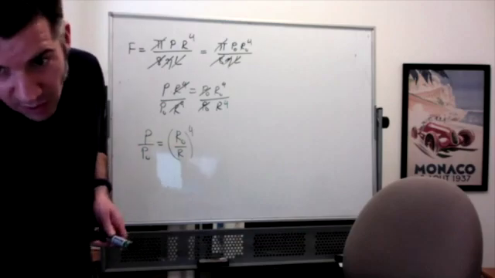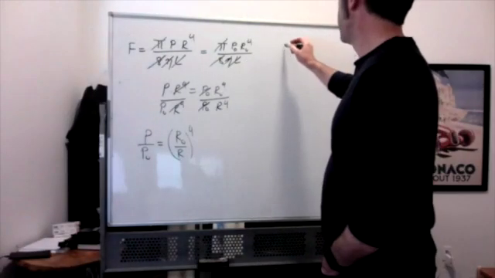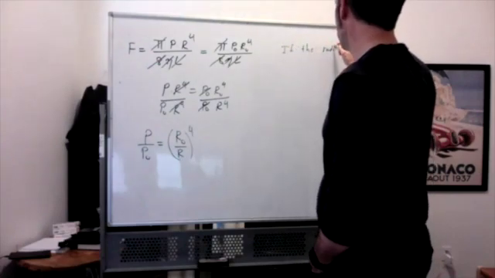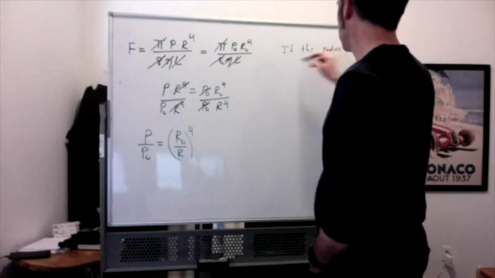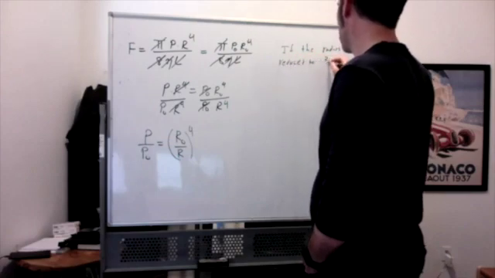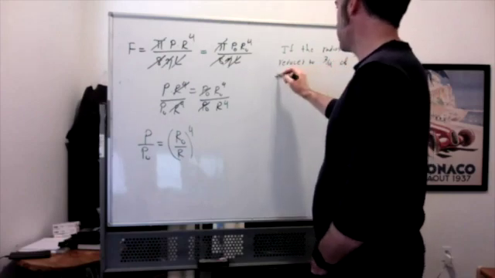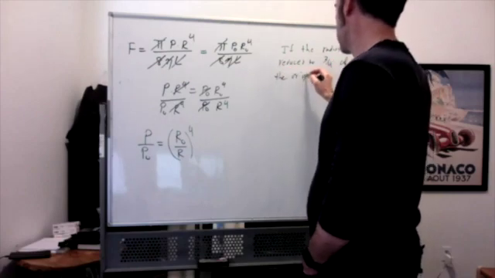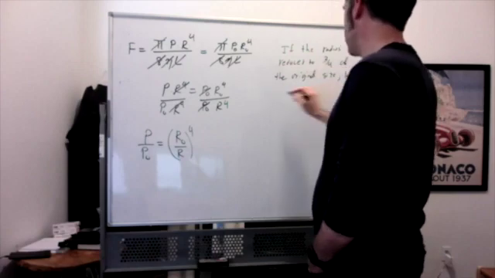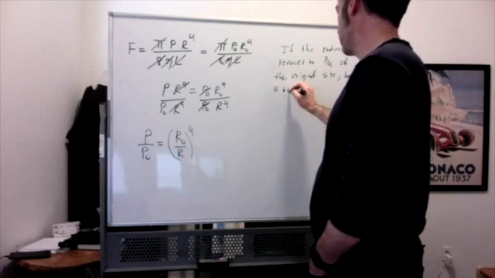So now the interesting question: if the radius of the blood vessel is reduced to 3/4 of the original size, how is the blood pressure affected?